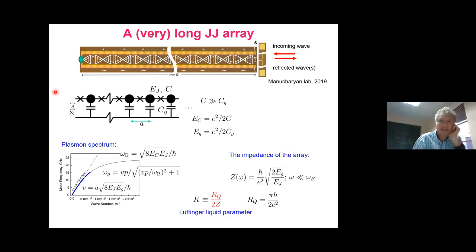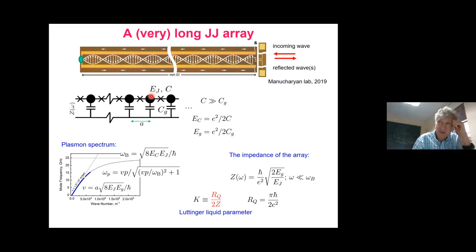So basically, for series, it's easy to say that you reduce the value of EJ, and that's relatively easy to do. It's harder to increase the value of the charging energy because of the size of the junction, but EJ is easily controllable by just putting more oxide onto the junctions when they prepare the array.